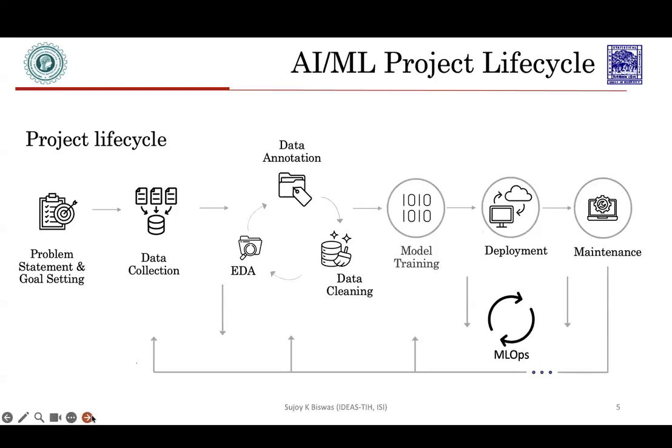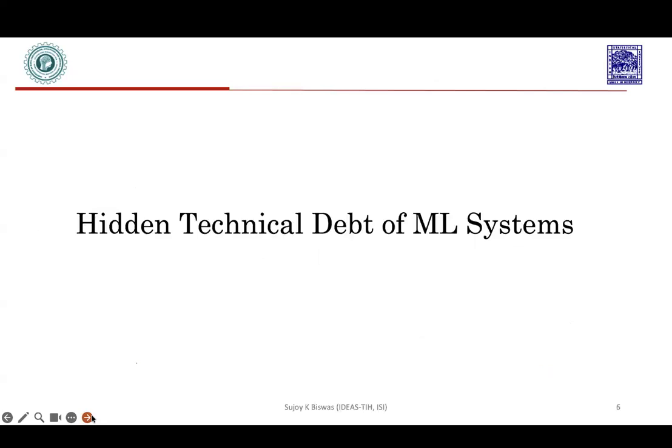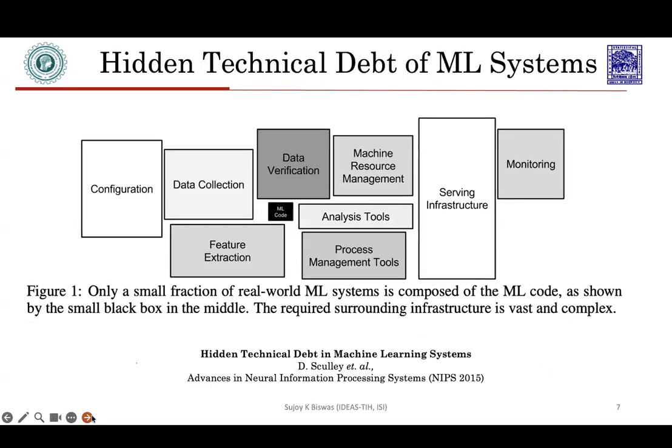But right now, what I'm going to make you aware of is this part, the technical debt of ML systems. It's actually a nice paper that appears in NIPS 2015. And the funny thing is the ML code that we are so much concerned with occupies this tiny part.